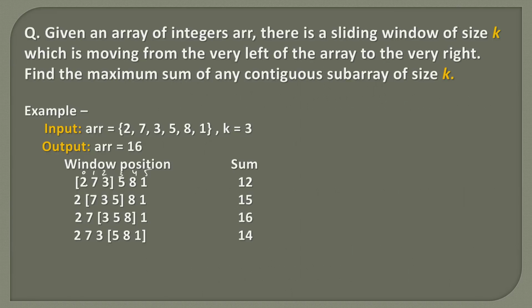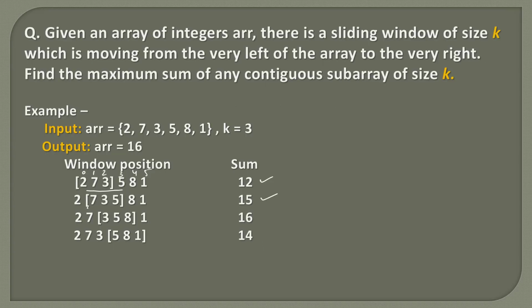If we take the sum of these 3 elements, we get 12. After that, we move the sliding window to the right by 1 position. So 2 goes out of the sliding window and 5 comes in. Now our 3 elements are 7, 3 and 5. If we sum these 3 elements, we get 15.